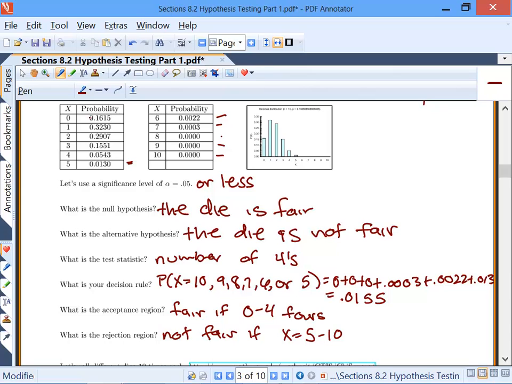And so if I get 0 fours, I'm still going to believe that this is fair, and that probability was already bigger than 5%, so I couldn't include it in. So I would say in practice you would always just start at the ends and work your way in, but when I try and start at my lower end, it's already too big to include.